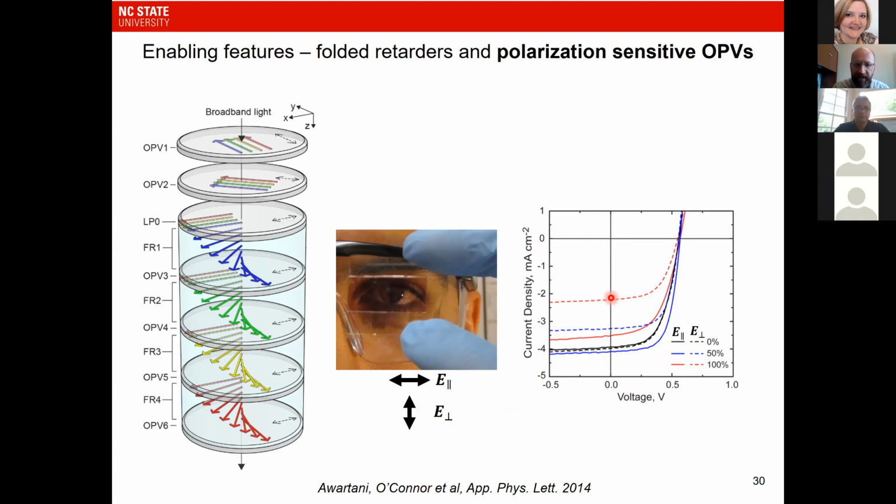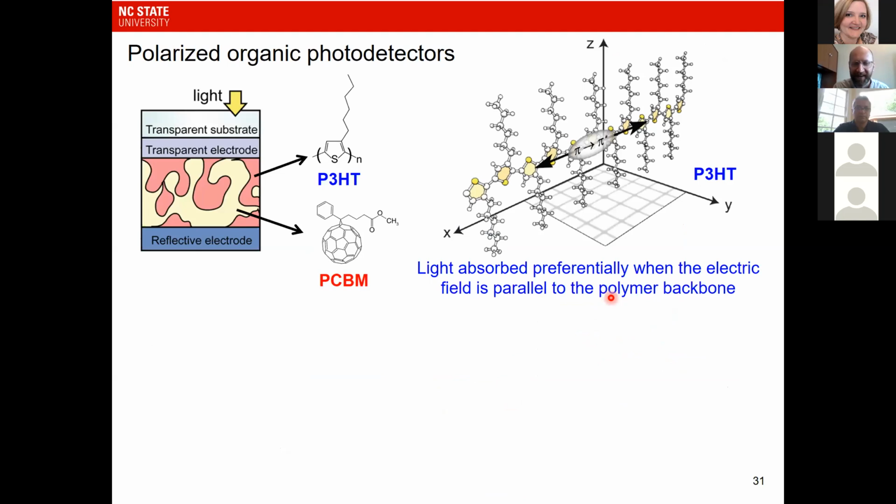And the way we achieve this is, I think the Zoom plus my PowerPoint is too much for my computer. It turns out that in these conjugated polymers, the optical dipole transition moment is along the backbone. So when the electric field is parallel to the polymer backbone is when you excite the electron.